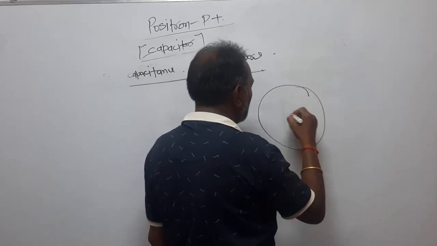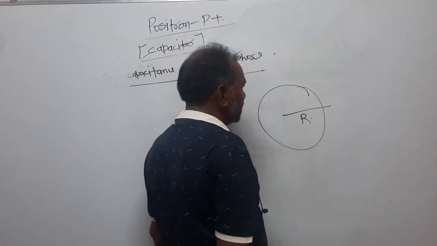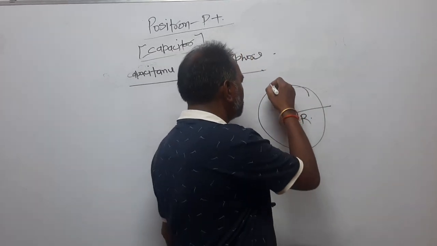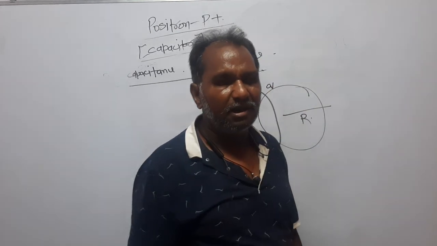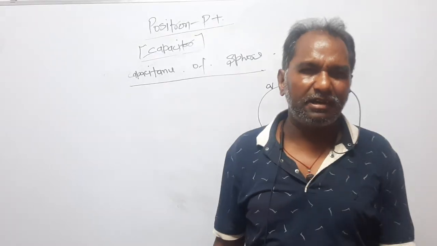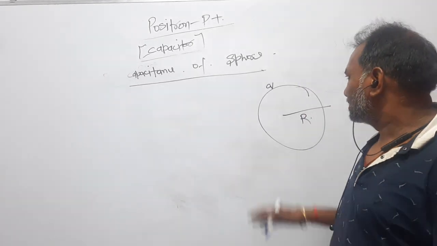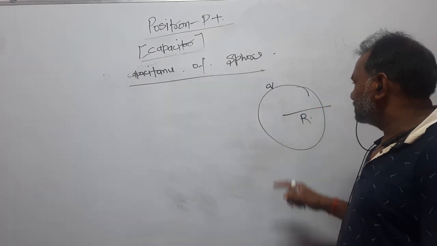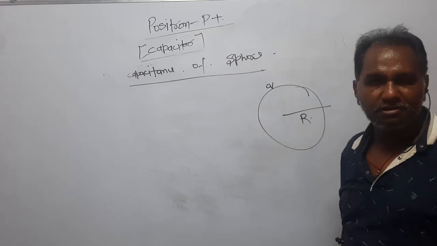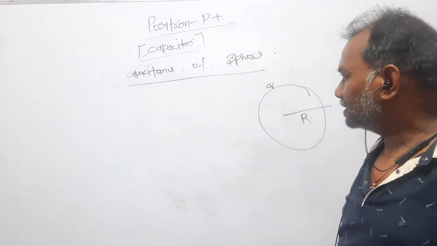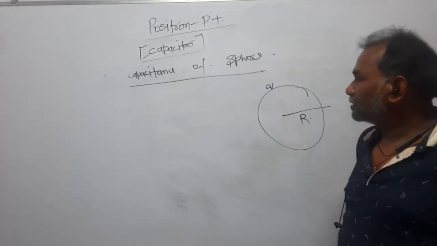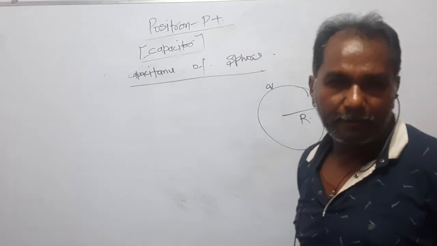This is a sphere having radius r, and let charge q be distributed over it. It does not matter whether it is hollow or solid. This is a conducting sphere having radius r and charge q is given to it. Now we have to find out the capacitance of the sphere.